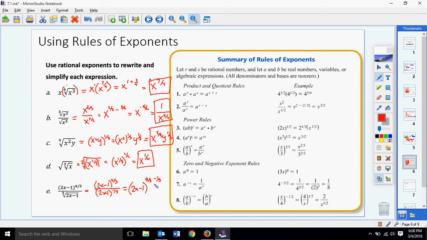These have a common denominator, so I can just subtract 4 minus 1, and I get 3. So I have 2x minus 1 to the 3/3. Well, 3/3 simplifies to 1, so it's 2x minus 1 to the first power, which I don't have to write because it's just itself. So my final answer is 2x minus 1.